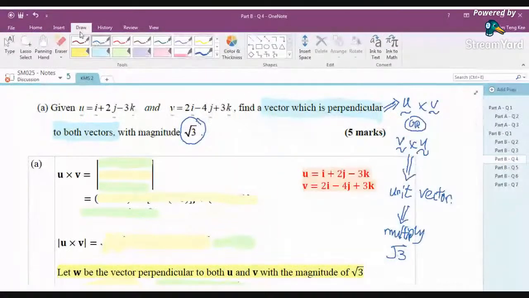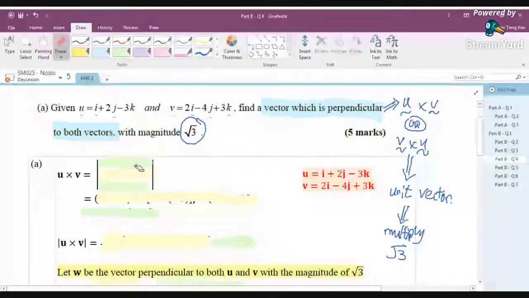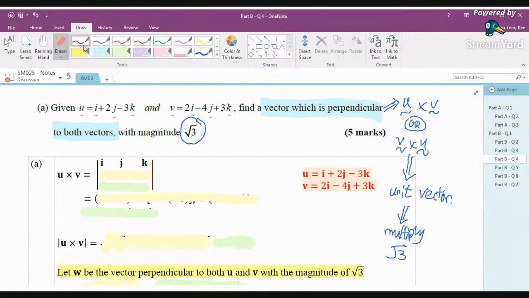So in my solution, I begin the calculation with the cross product. The cross product is actually the determinant, so make sure you take note of the brackets. It's a straight line bracket, like modulus. The first row has i, j, k. Be aware that I'm typing, so my vectors are written in bold.